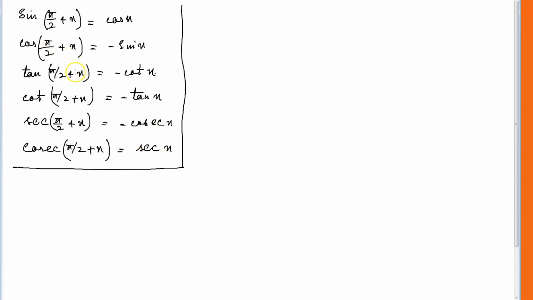So you can see that, that is cos x, negative sine x, negative cot, negative tan, negative cosecant and secant. So you can see that when you have pi by 2, sine is turned into cos, cos is turned into sine, tan is turned into cot, cot is turned into tan, secant is turned into cosecant, and cosecant is turned into secant.